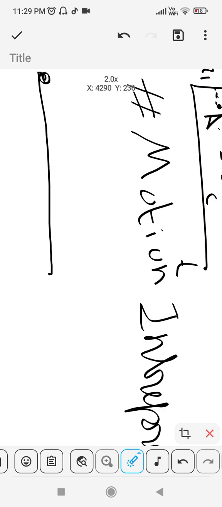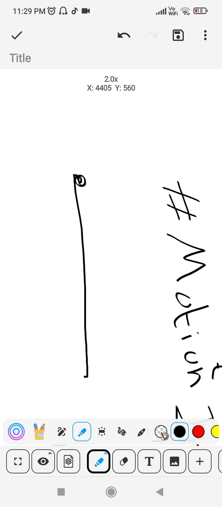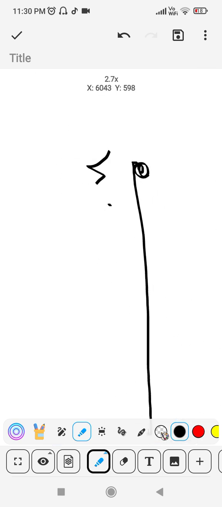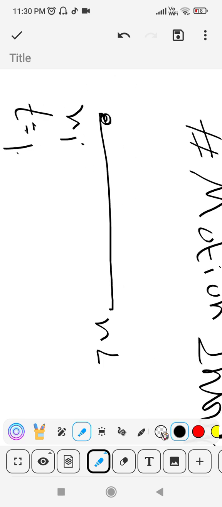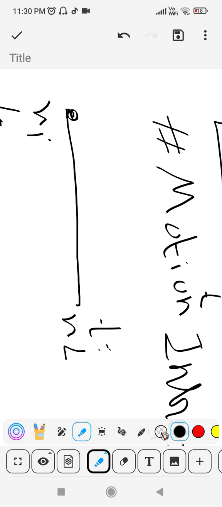So this is x1 at t equals 1. This is x2 at t equals 2.